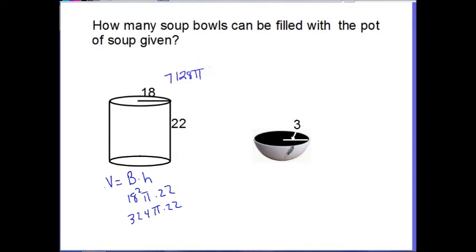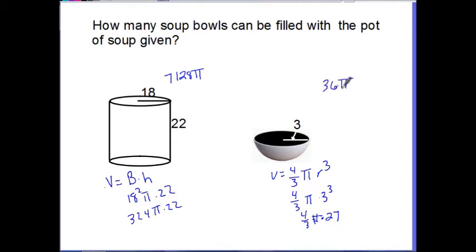Now for our sphere, volume is going to be 4/3 pi times radius cubed. Plug in that radius: 4/3 pi times 3 cubed. 3 to the third power is going to give me 27, and 4/3 times 27 is going to give me 36 pi.